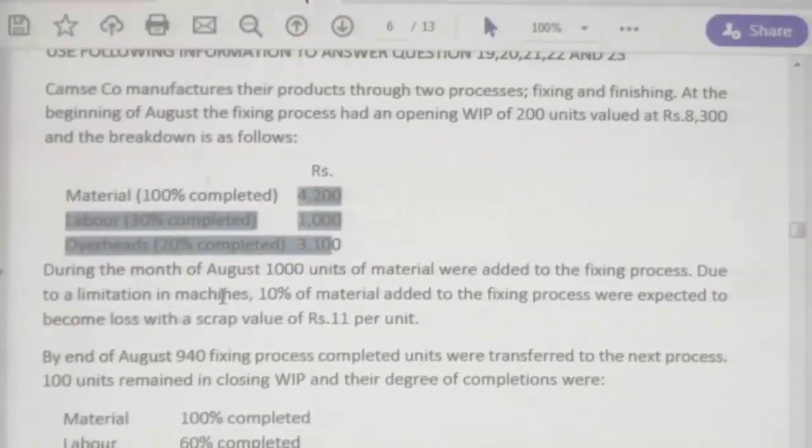During the month of August, 1,000 units of material were added to the fixing process, right? Due to the limitation in machine, 10% of material added to the fixing process were expected to become loss with scrap value of 11. That means you have introduced material 1,000 during this month, 10% normal loss, that can be sold at 11 per unit, that is scrap.